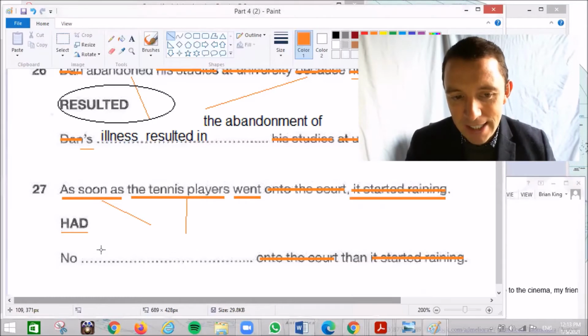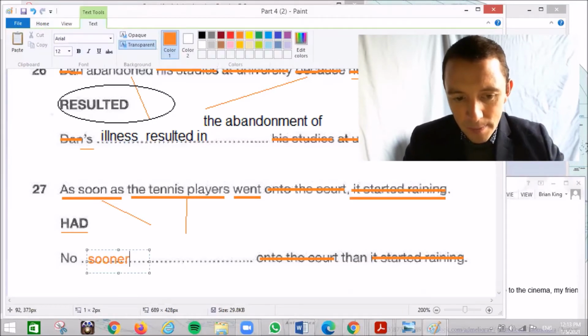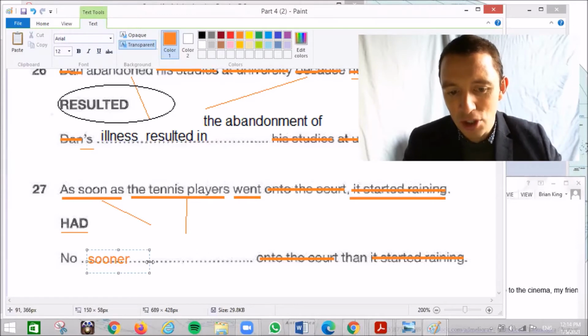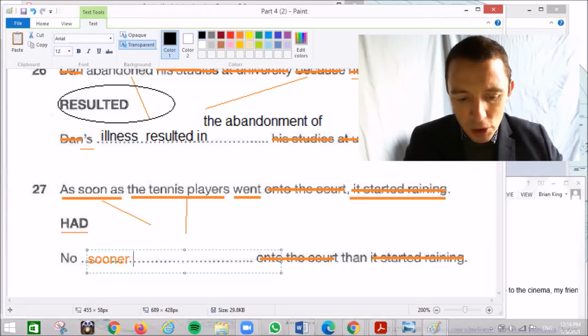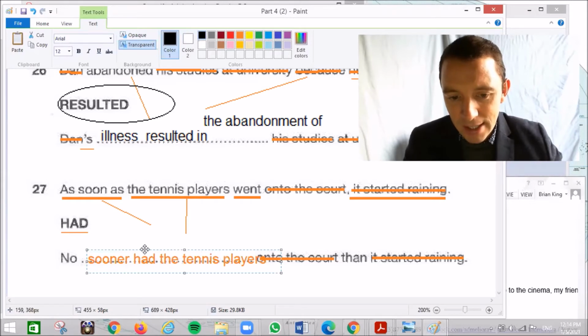And here it's exactly the same. So we will say no sooner had, and it's not me, it's not you, the subject are the tennis players. Okay, so let me change that again. So no sooner had, sorry, we lost the screen, so I'll go back. No sooner had, and the tennis players are the subject of the sentence.